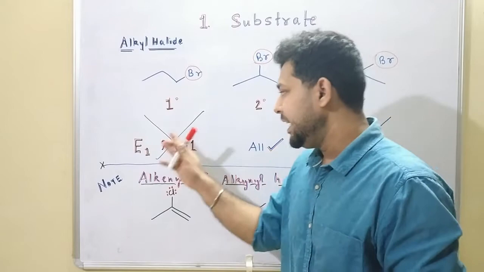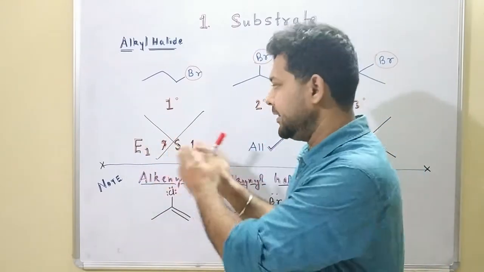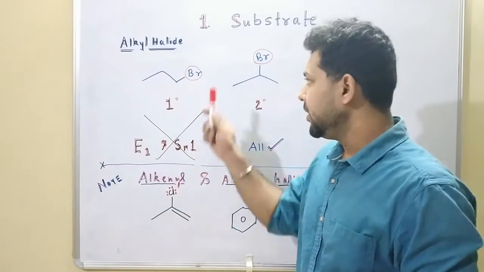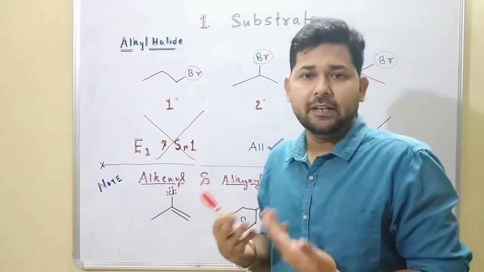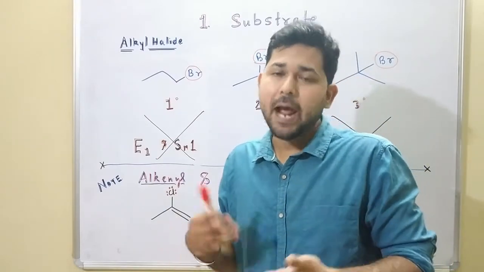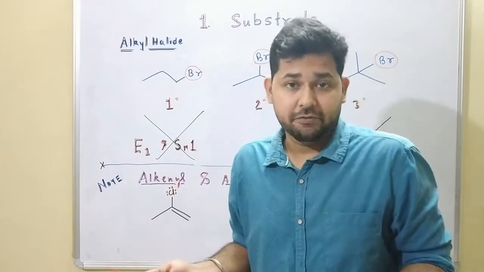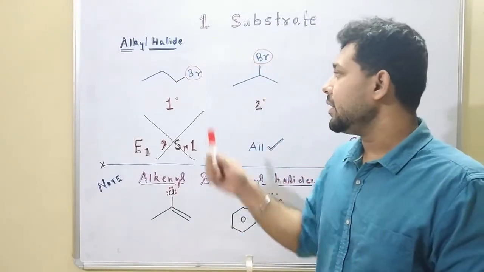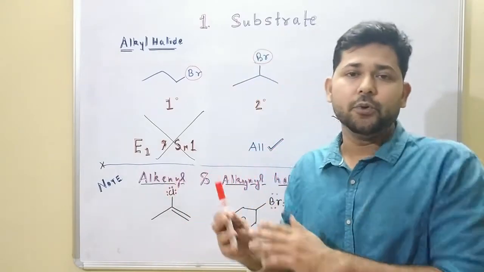Now an SN1 reaction we will not prefer in this case. Why? Because if Br leaves, it brings a 1 degree carbocation, that is a primary carbocation, which is not feasible in our case. So the other two, SN2 and E2, you can prefer.